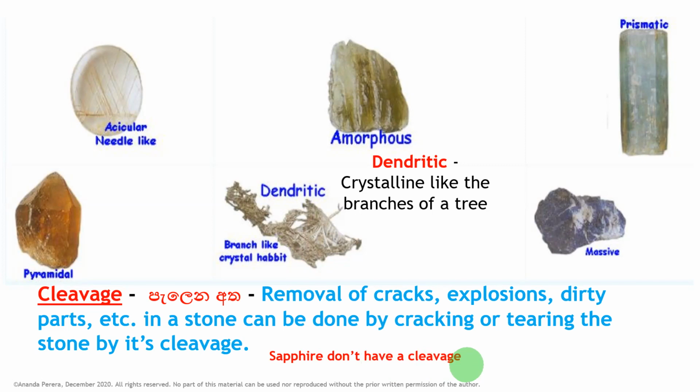I can see some asking questions regarding cleavage, but they don't know what cleavage is, so they don't understand the rough stone. So remember, you have to understand these lessons well to identify rough stones. Sapphire doesn't have cleavage, remember that.